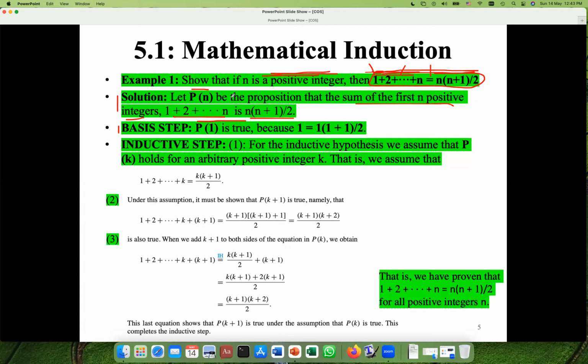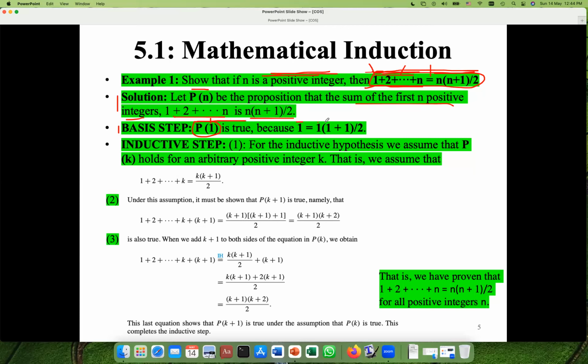We have only one number, because in the basis step we are checking the proposition only for number 1. So on the left-hand side you have only 1, and then put this 1 on the right-hand side. This would become 1 into 1 plus 1 divided by 2.